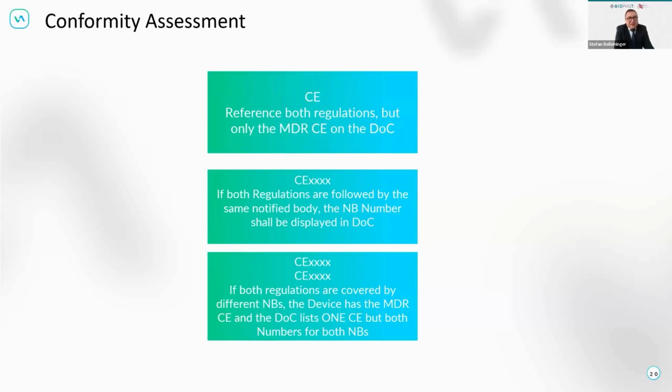Otherwise, if both regulations are covered by different notified bodies, you would technically have two CE marks on the product, and there it becomes a hassle. The current regulations do not allow that kind of duplicated CE, because the MDR is not considered that way. Therefore, you need to be very precise that the notified body you use for a medical device is also able to do the AI Act.